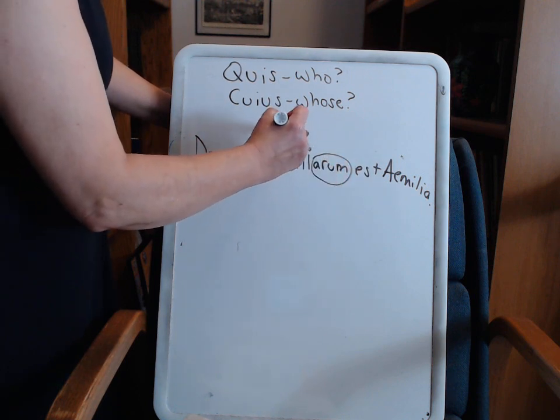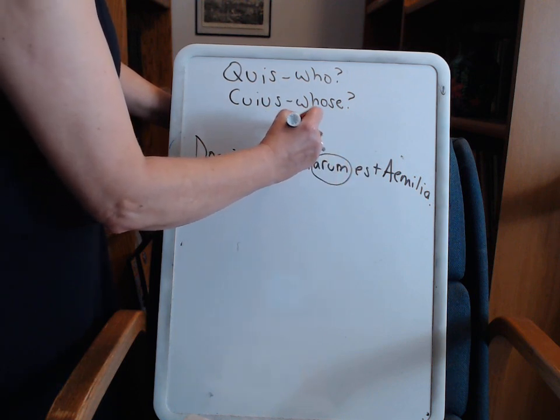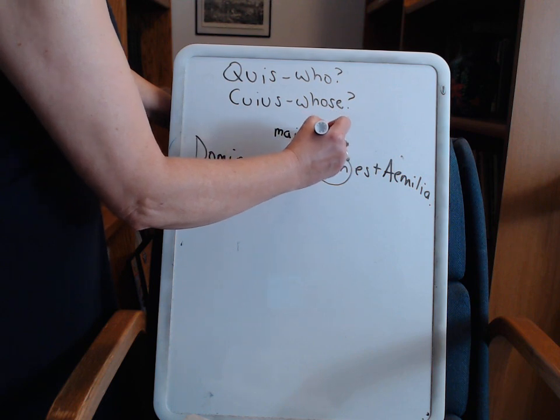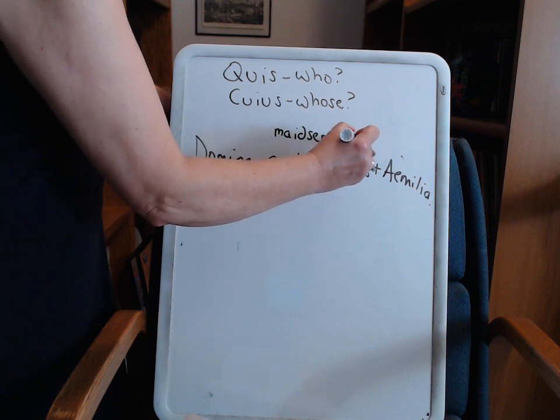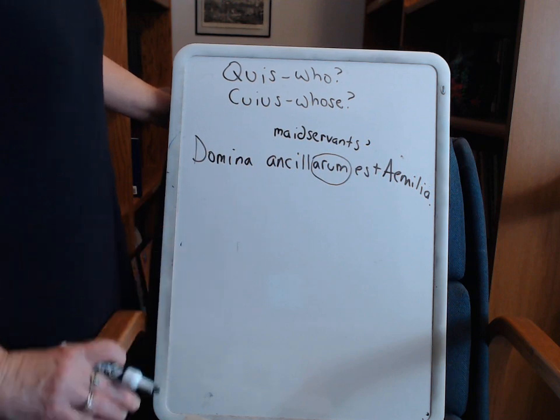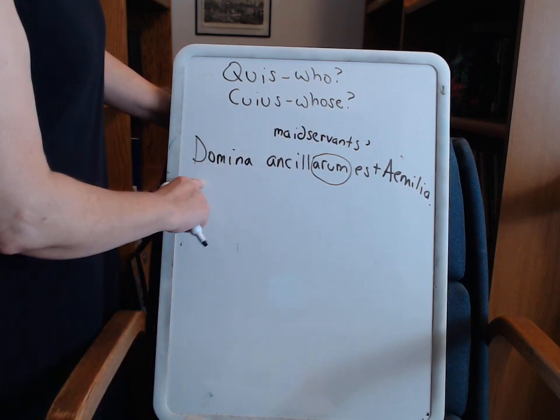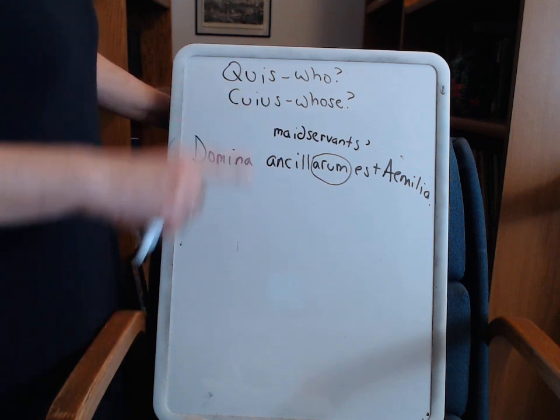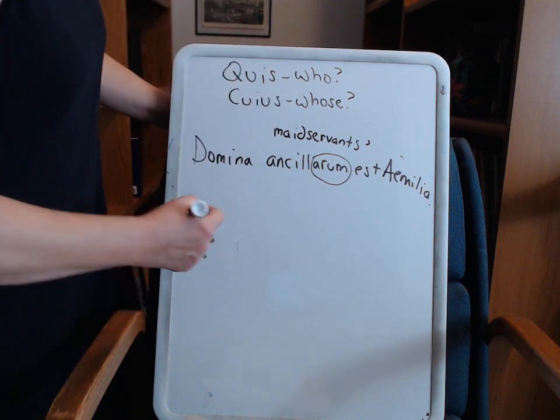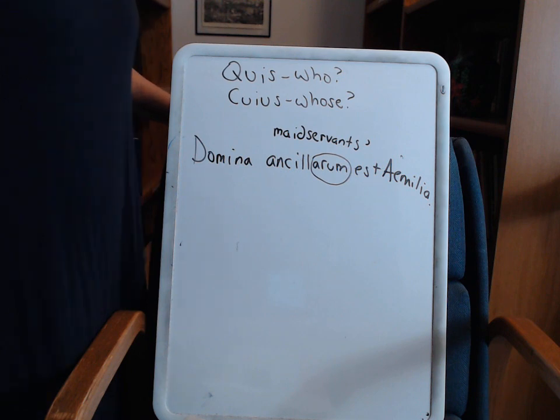She is the mistress of not one maidservant, the maidservant's mistress, but of the maidservants. Similarly, Julius est Dominus servorum.